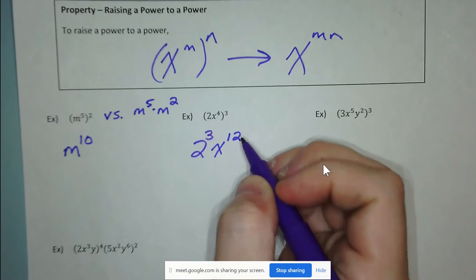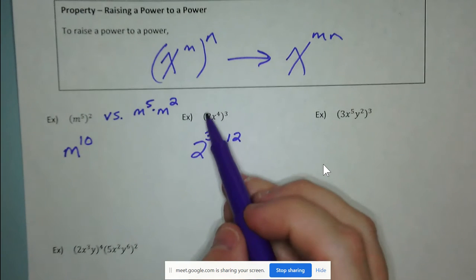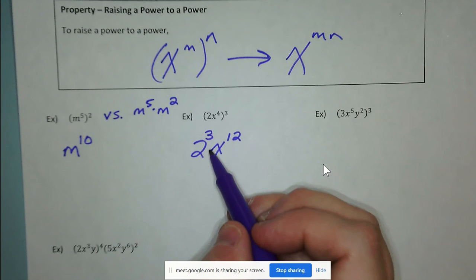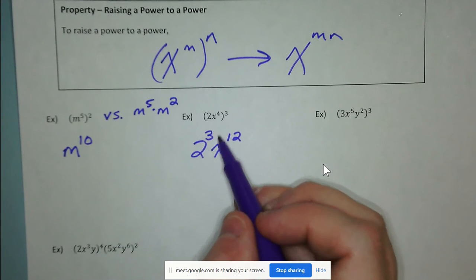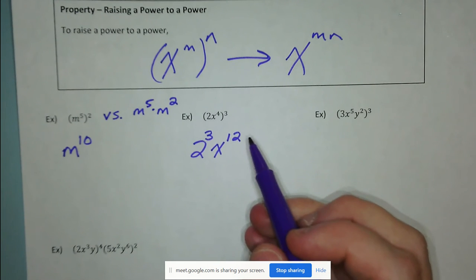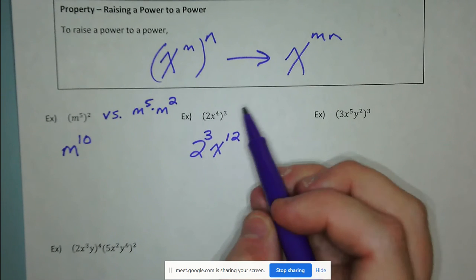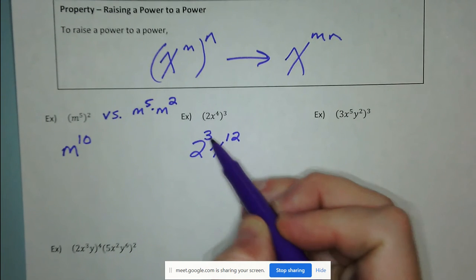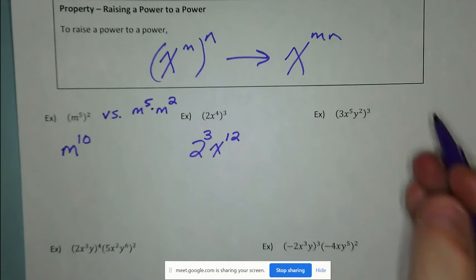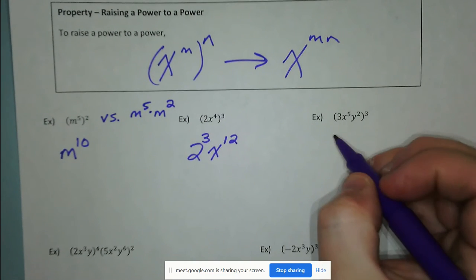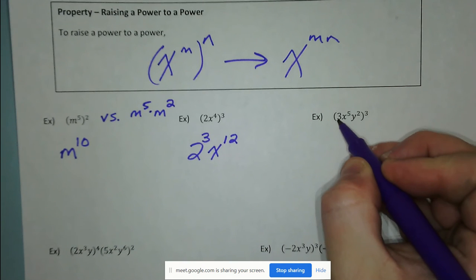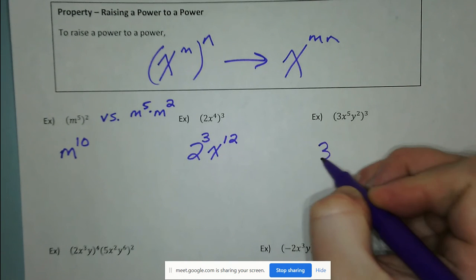So 2 to the third power, well, you could just say that's 8, literally 2 times 2 times 2, but whatever. I'm not going to be super strict in that manner. Just 2 to the third, and then when you do x to the 4th to the third, that's x to the 12th. Likewise here, that third power is going to hit the 3, so that's just 3 to the third.